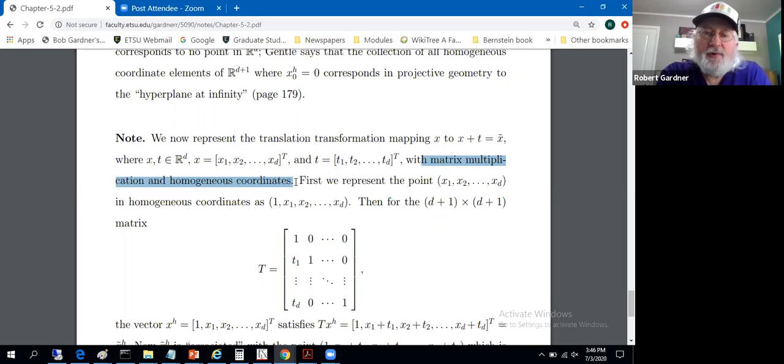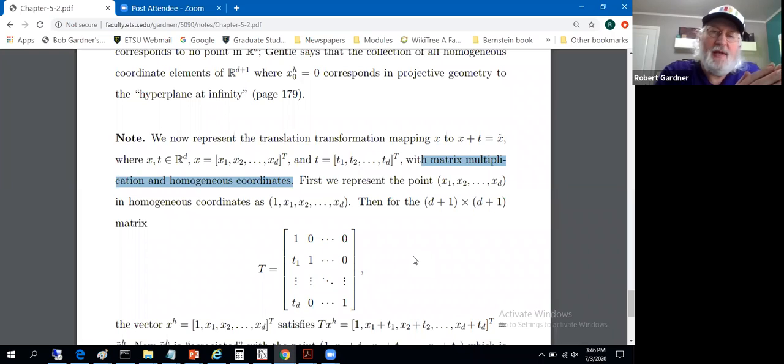So we're going to take a vector, translate it into homogeneous coordinates, do the translation using matrix multiplication. There's the matrix we're going to use right there. That'll do the translation, but in homogeneous coordinates. And then we'll take the homogeneous coordinates and translate back.